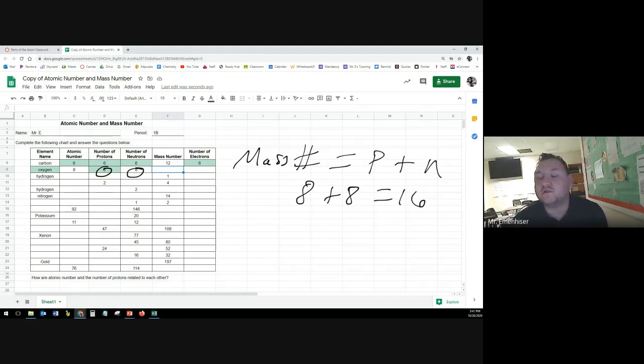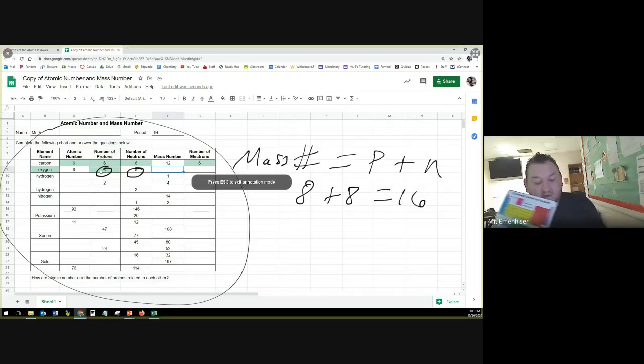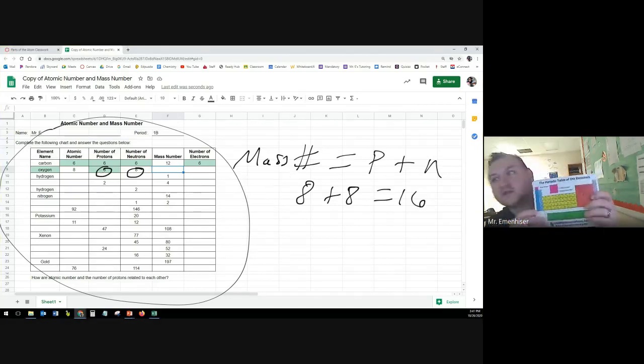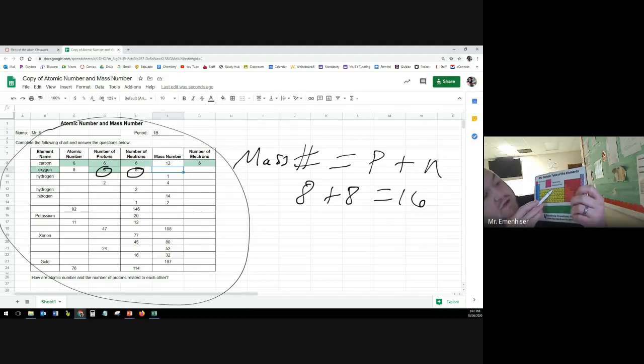Okay, so when you're doing this and you're calculating the mass number, you need to use the information from the table, this table that you're given, not the periodic table. You do not use the average atomic mass from the periodic table, right? If you look at your elements on here, you need to be using the number above the symbol.